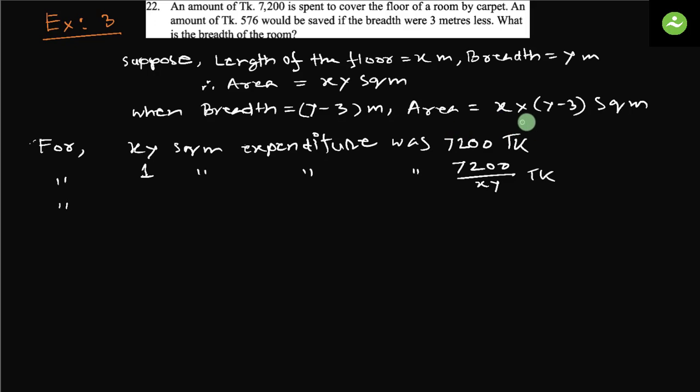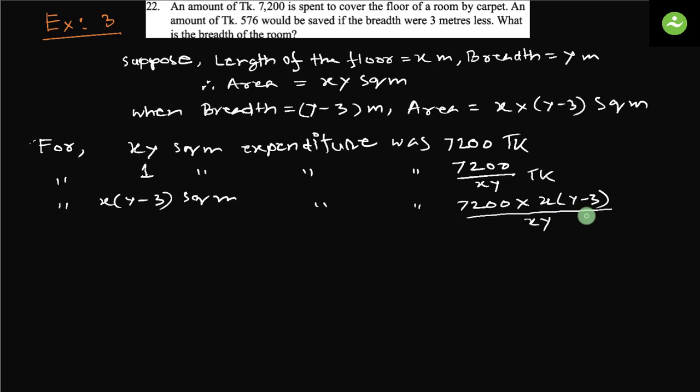Now it is easy to find for the changed area, that is x into y minus 3 square meter. Expenditure was, just multiply 7,200 into x into y minus 3, and there was a xy here, and unit will be taka.